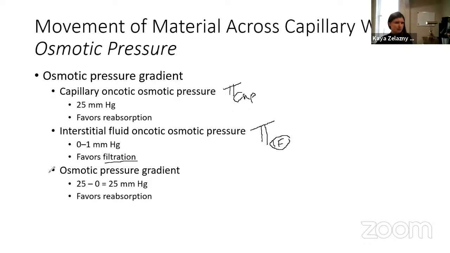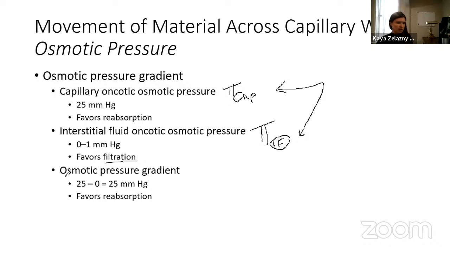Okay. This means that if we look at the osmotic pressure gradient, comparing pi cap and pi IF, because we want to figure out overall which direction the osmotic pressure is sending us. If we think about this from the perspective of an individual water molecule, it has to factor in all these pressures, but it can only go one direction physically in space.